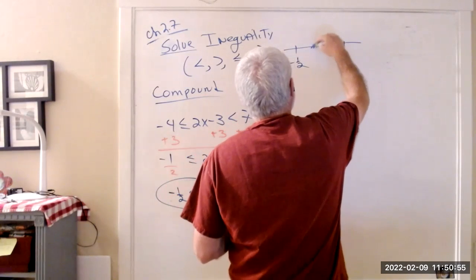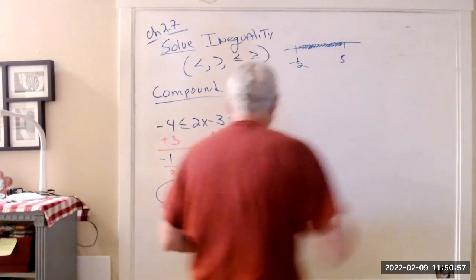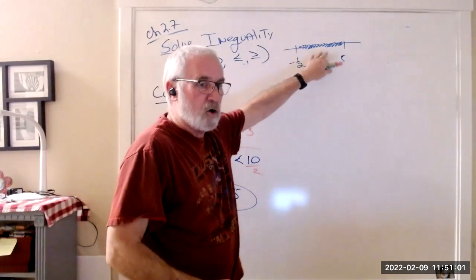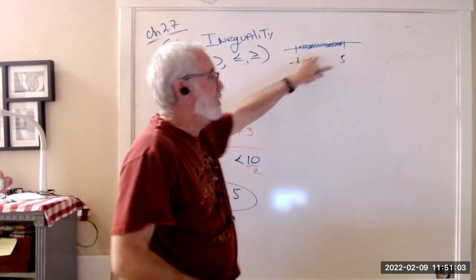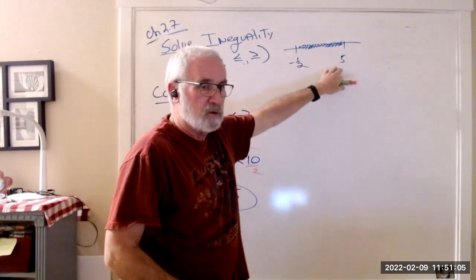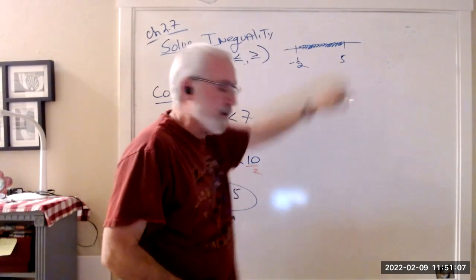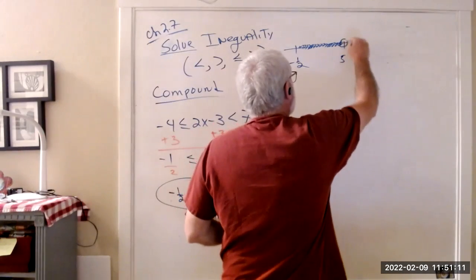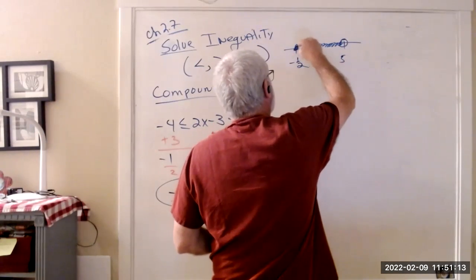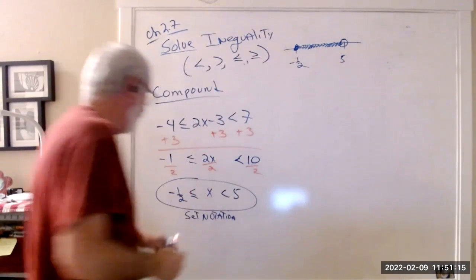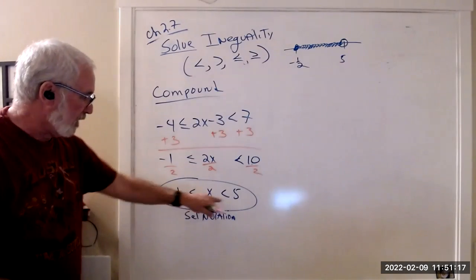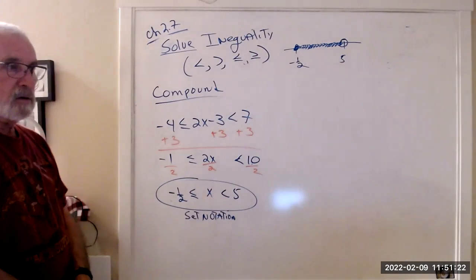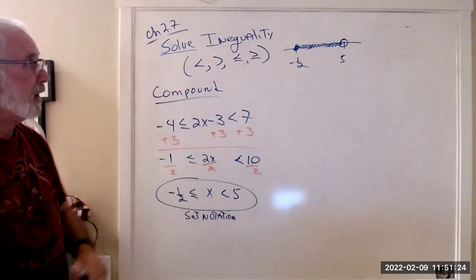All of this shading represents x. Wherever we shade is x. That's all the x's between -1/2 and 5. We want an open circle on 5 and a solid circle on the -1/2 because of the equal and the not equal there. So that would be the graph.